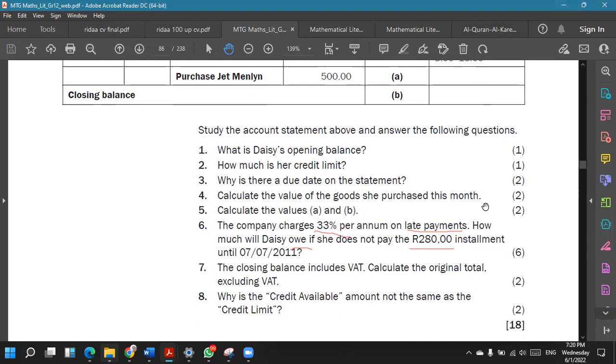So anything after the 7th, they're going to add 33% more on your 280. Okay, so how will you calculate how much you will owe if you don't pay the 280?